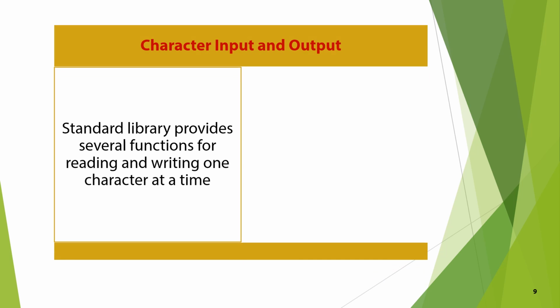Now we will see how to input or output a character in C. We said that there are standard library functions which we can use for reading or writing one character at a time. By using these functions stored in the library, we can read and write one character for a program.